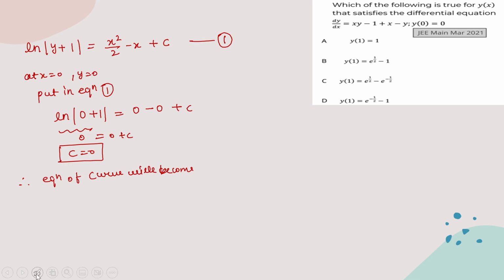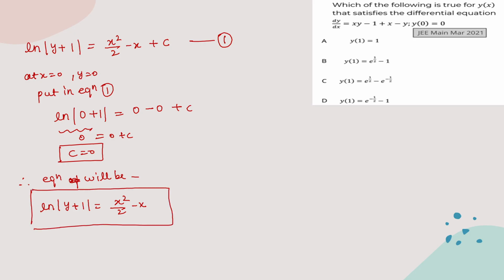We can simply say that the equation will become ln of mod y plus 1 is equal to x square by 2 minus x, that's it. Of course it is representing a curve only, but since they have not mentioned it, this is the final equation we are getting.